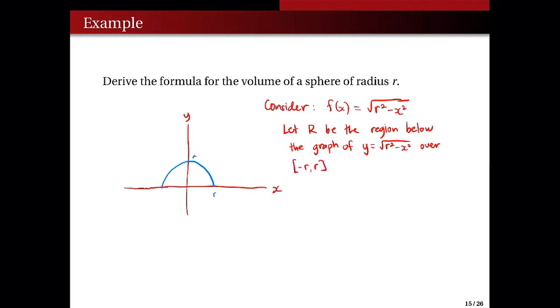So you have this region here. And then the sphere of radius r can be obtained by revolving capital R about the x-axis. So we revolve this.